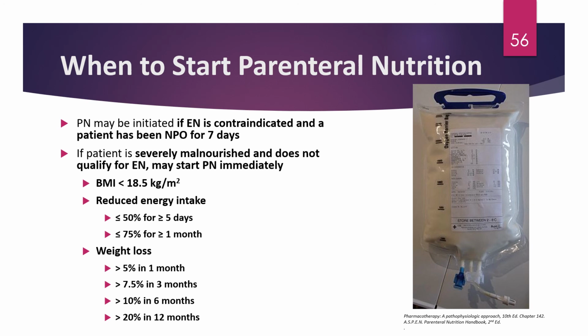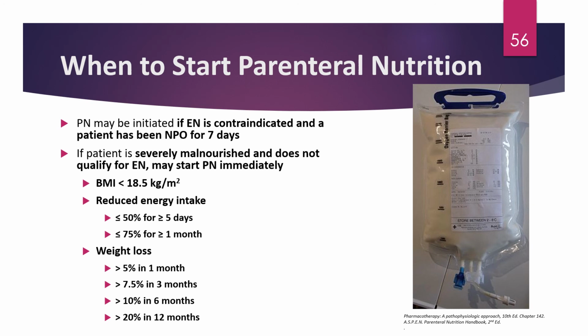So remember your typical malnutrition criteria. There are many things that can predispose a patient to malnutrition, but some of the key ones are BMI less than 18, reduced energy intake that meets the criteria that you see here, or significant weight loss, particularly weight loss that is unintended.